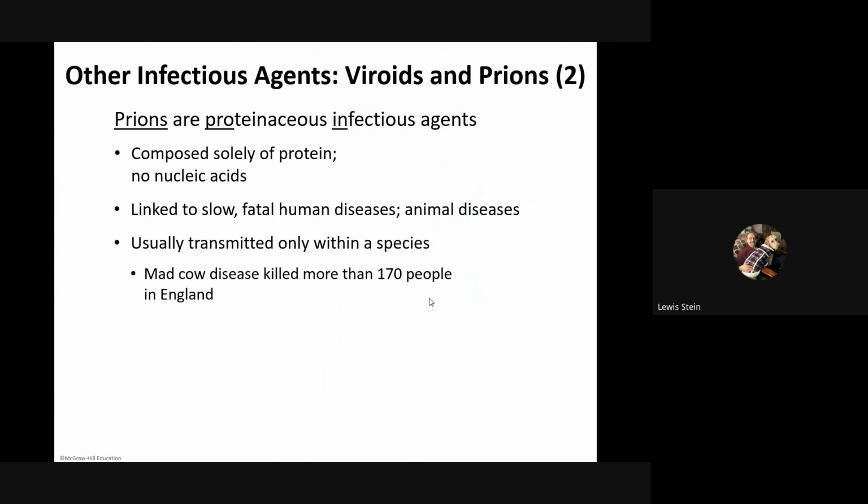So different cultures have different ones. England's very beefy, to say the least, and here you have a transmission from something that ostensibly formed in cows to consumption by people, killing a lot of people, and that was really the onset of its identification.